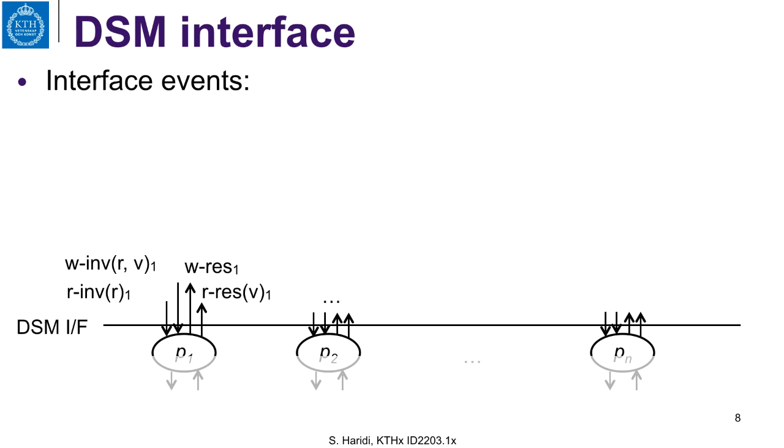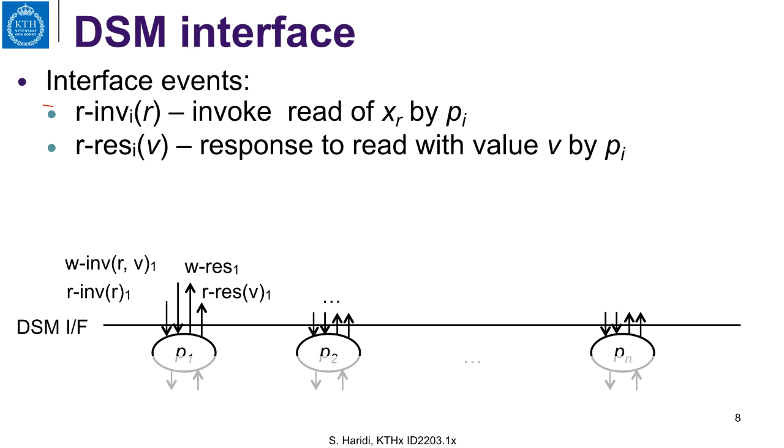And we have the following, as you can see here. These are events related to a read. This means that process Pi invokes a read of register XR. And this says that we got a response event at process Pi with the value V. So this means that the response of the read was the value V.